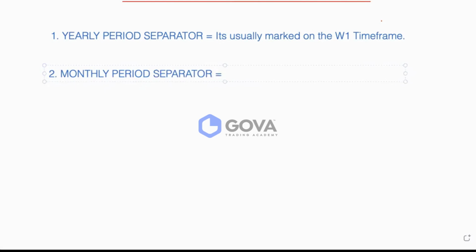So this monthly period separator is usually marked on the D1 time frame.